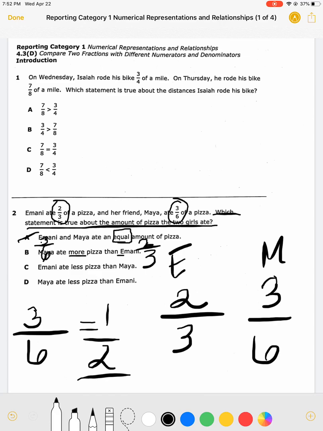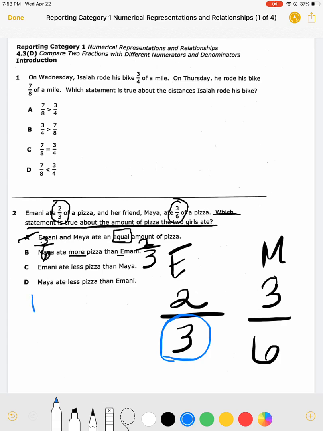Let's take a look at this fraction 2/3 now. We have that denominator 3. Is 3 an even number? 3 is not an even number, so it's a little bit harder to think about what is half of 3. But let's think about it.